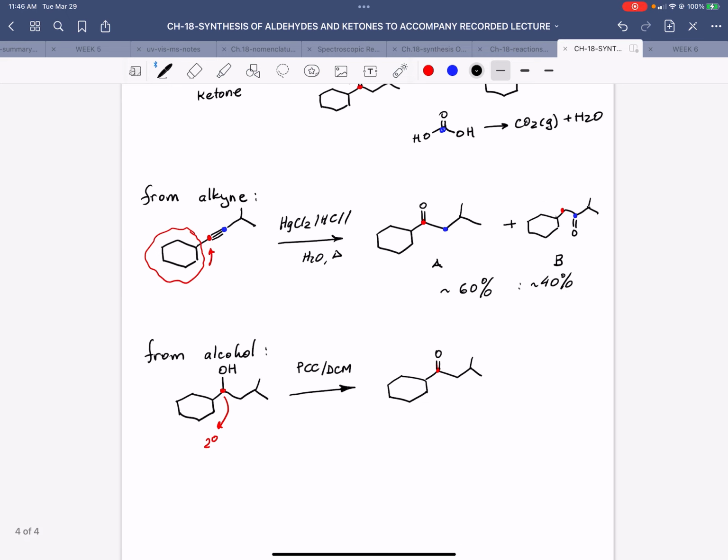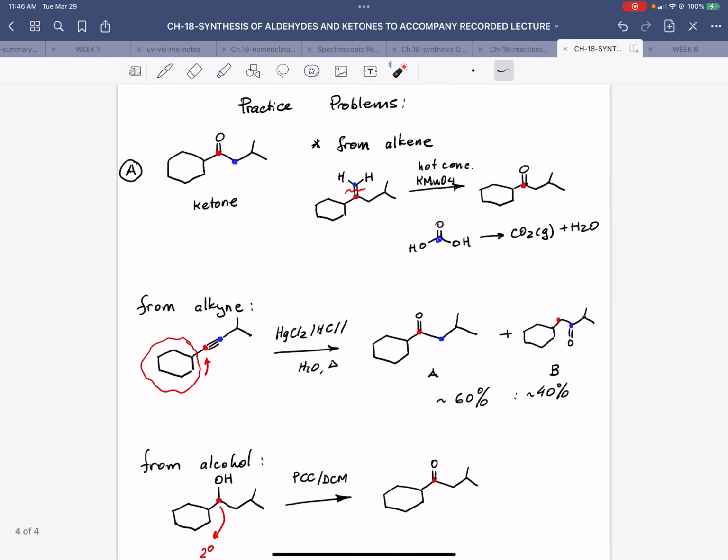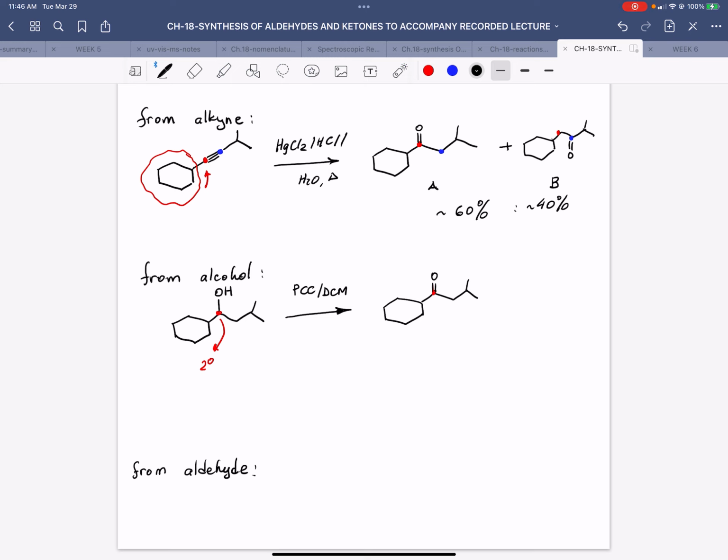And if I didn't have the alcohol, I could start from the aldehyde and in this case, as we can see for the target molecule, I could take this aldehyde or I could take this aldehyde to begin with. Okay, we're going to take one of those scenarios.